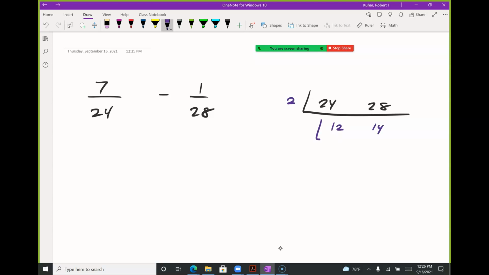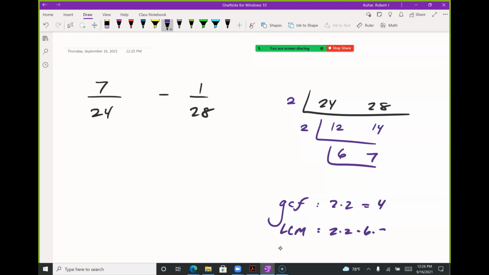I just have to be right. So 2 again, right? So 6 and 7, and guess what? I'm done. 6 and 7 are prime. So I have a GCF of 2 times 2, and I have an LCM of 2 times 2 times 6 times 7, the product of the factors and the non-factors.